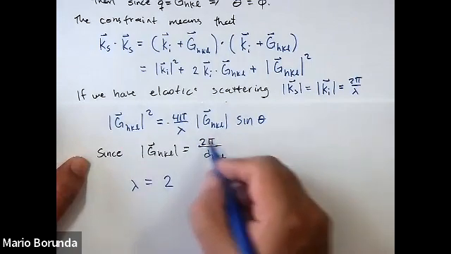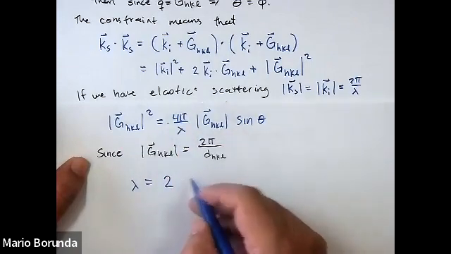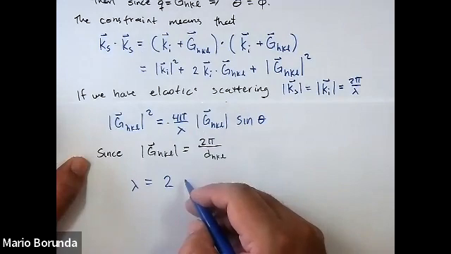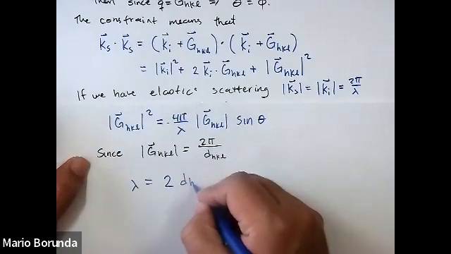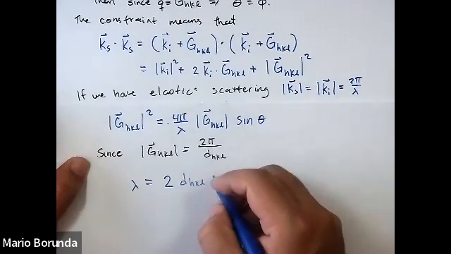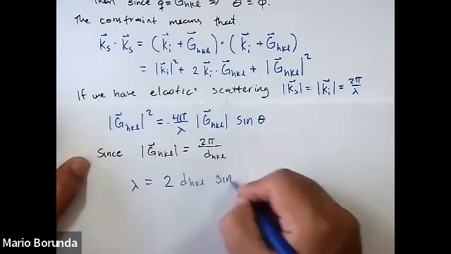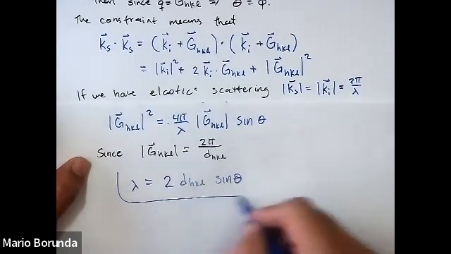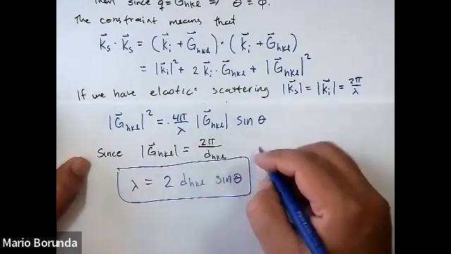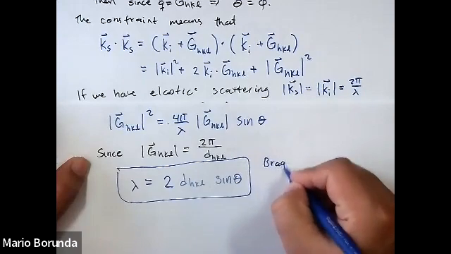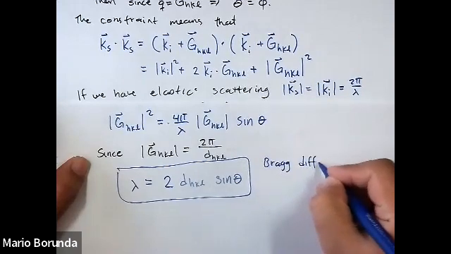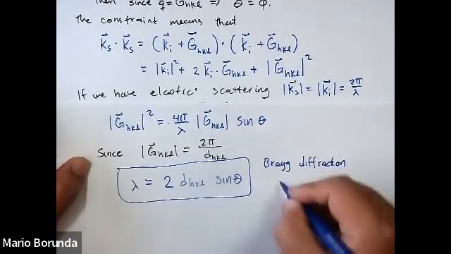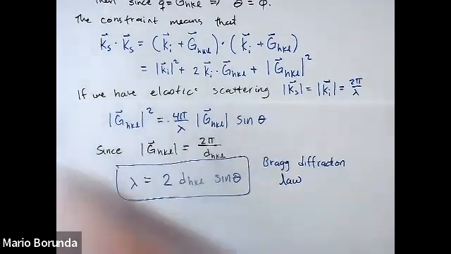There's a 2 pi right here, so there's a 4 pi over here. And this is the Bragg diffraction law. So that's something that you might have seen before. This is how it applies to crystals.